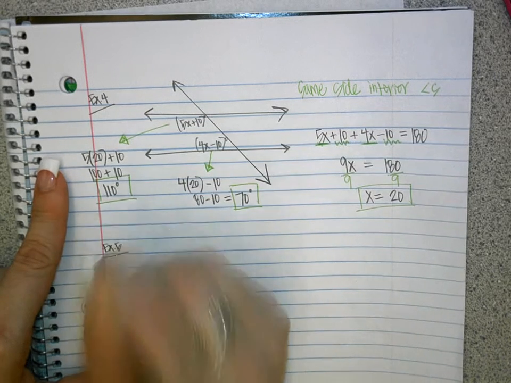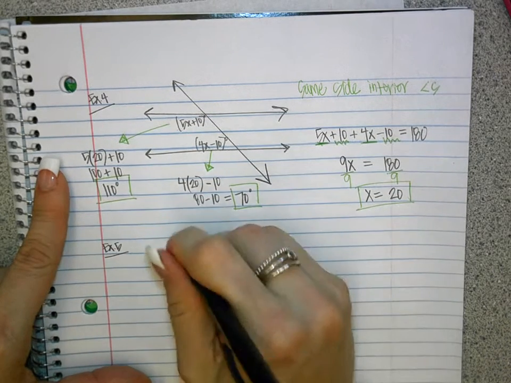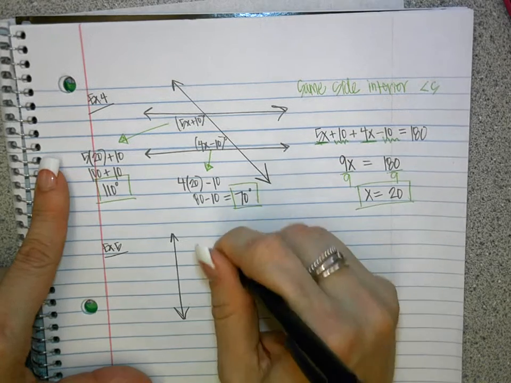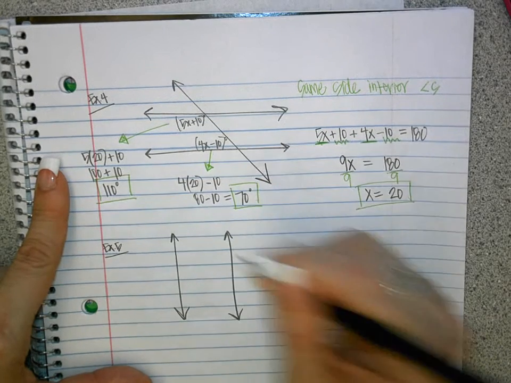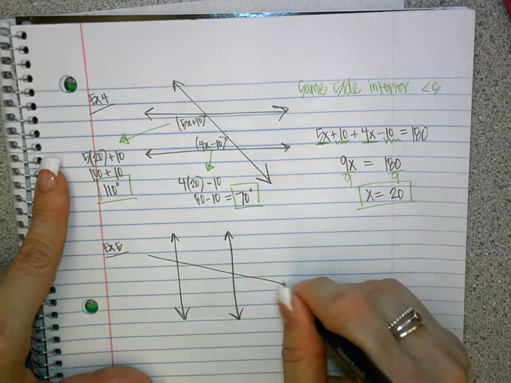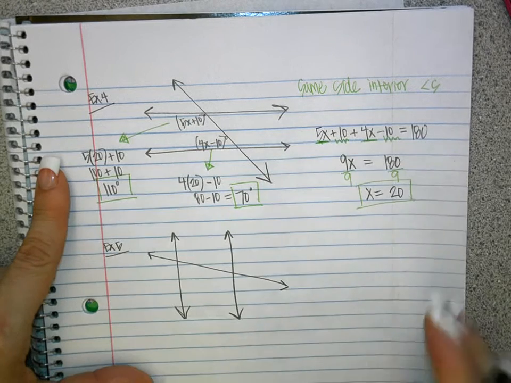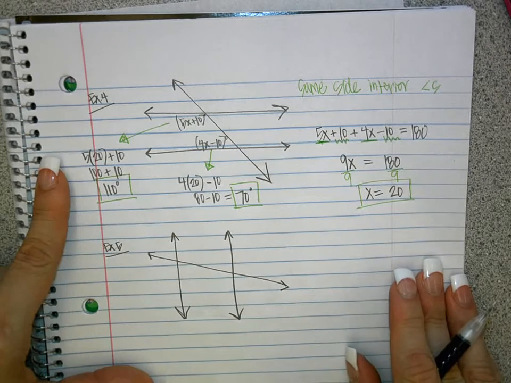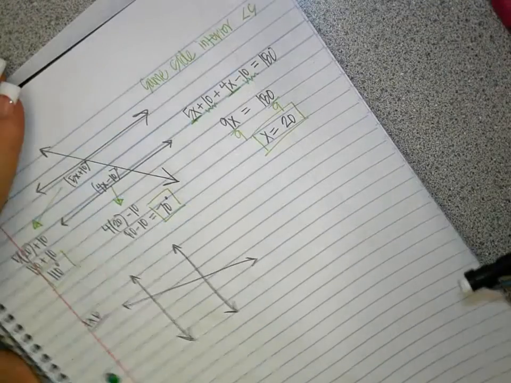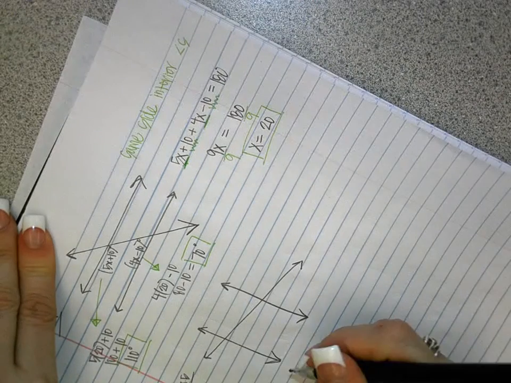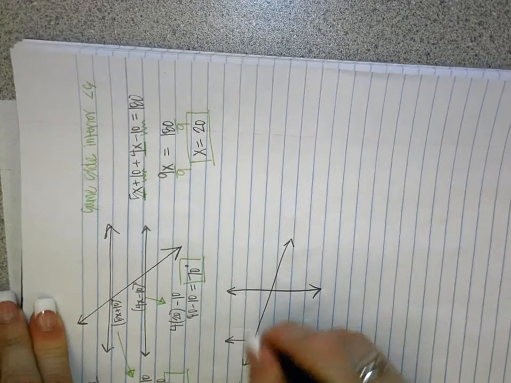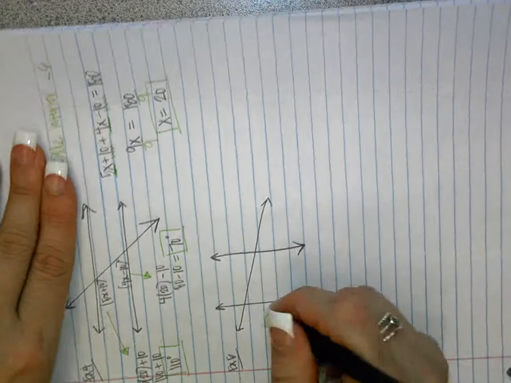Okay, last one we're going to do, number 5. Okay, for number 5, if I give you two parallel lines that are running straight up and down, and a transversal going through here. For this one, I'm only writing it this way because there's one like this on your homework, and I don't want you to get horribly confused. They're written sideways, so you just kind of turn your paper a little bit.